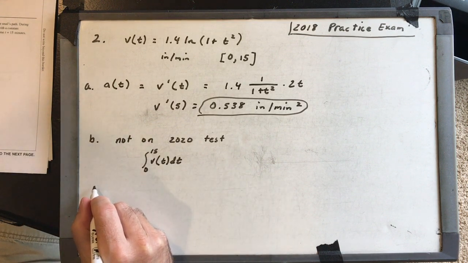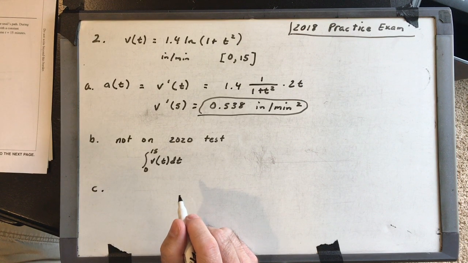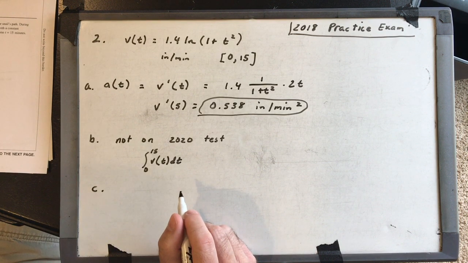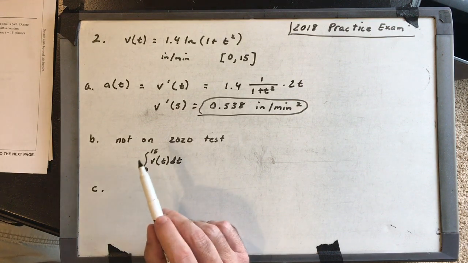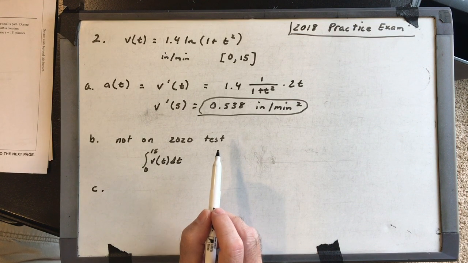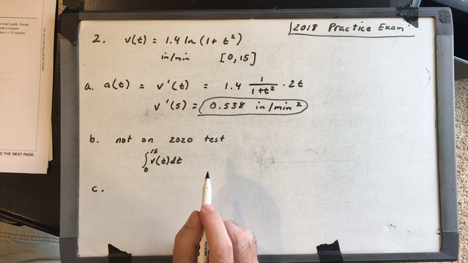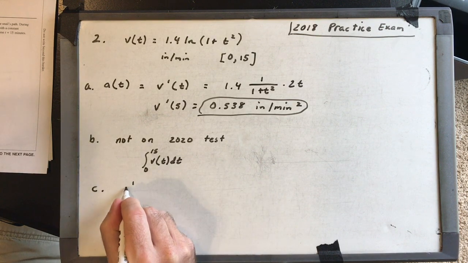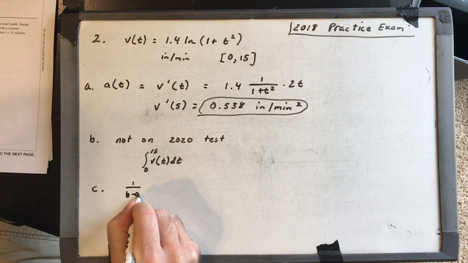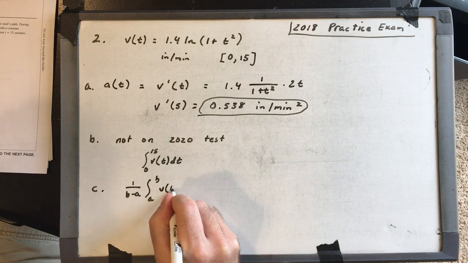Now part C says, at what time between 0 and 15 is the snail's instantaneous velocity equal to its average velocity? This one I think is a possibility. You will need to know how to get an average using integration. So the average velocity is 1 over b minus a, the integral from a to b of v of t dt.